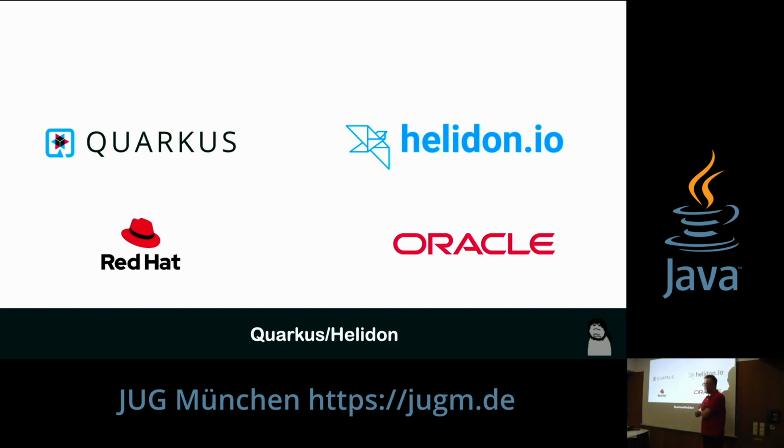We have also Helidon. Helidon is created by people at Oracle, and this is probably the most experimental of the Java frameworks, because the people who are creating Helidon are in close communication with the people who are creating Java, so all the new features are tested with them.